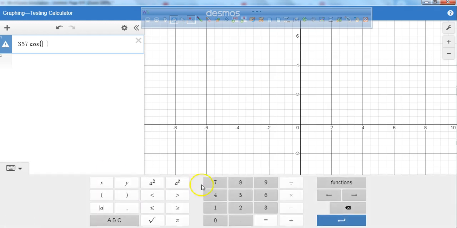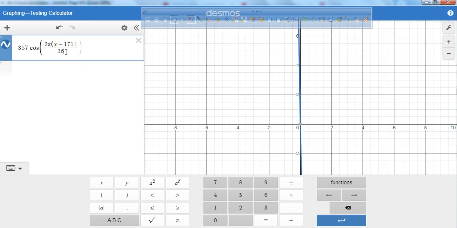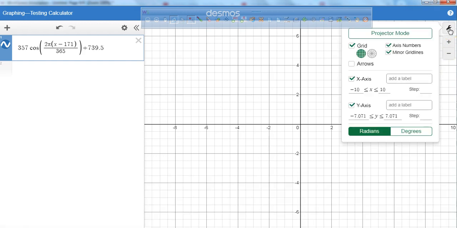I'll go ahead and put the little division bar, type in 2, I can type in pi, parentheses, I'm going to put x minus 171, over 365, plus 739.5. Now, one thing you're going to have to do is, for the graph settings, make sure that you're in radians, not degrees.